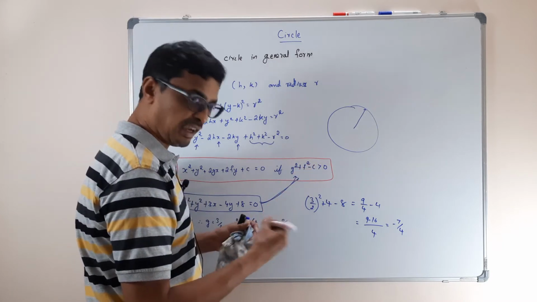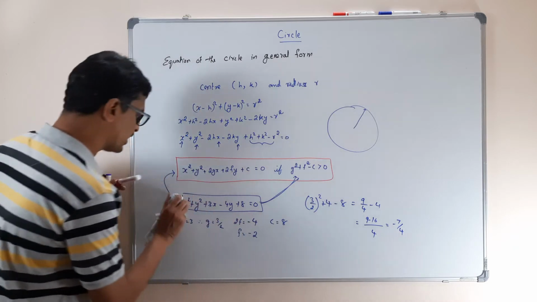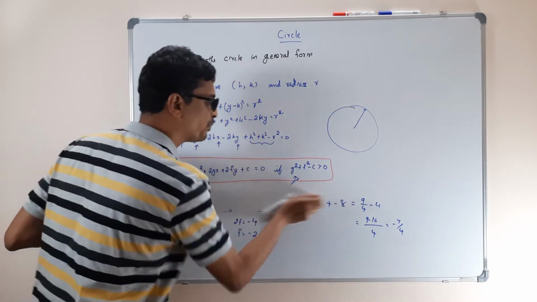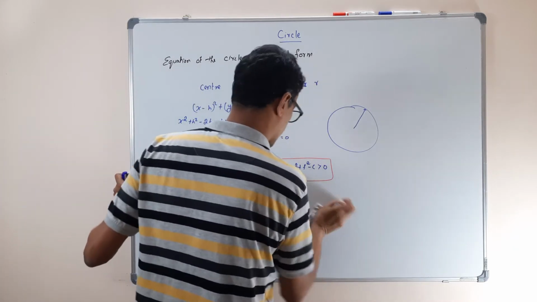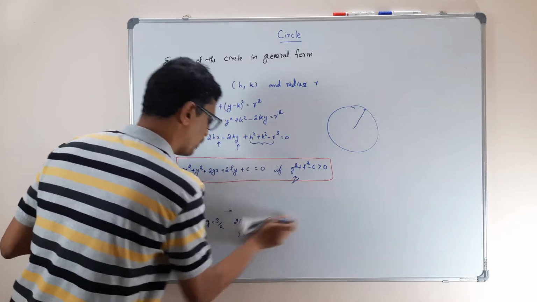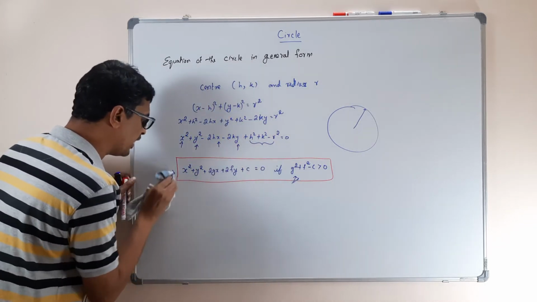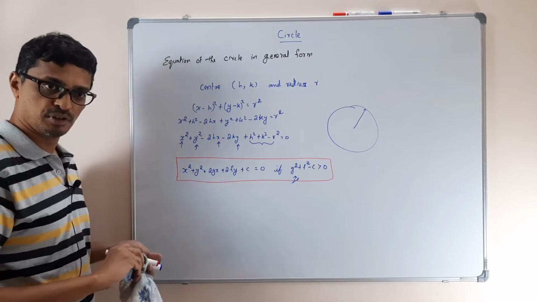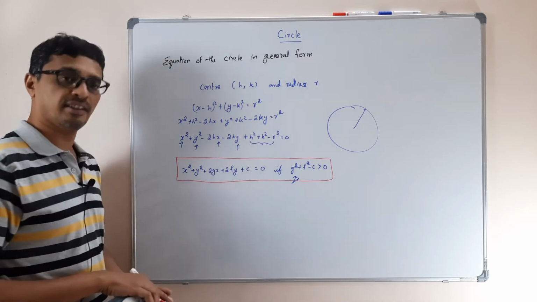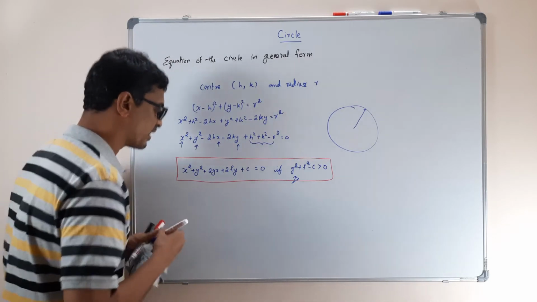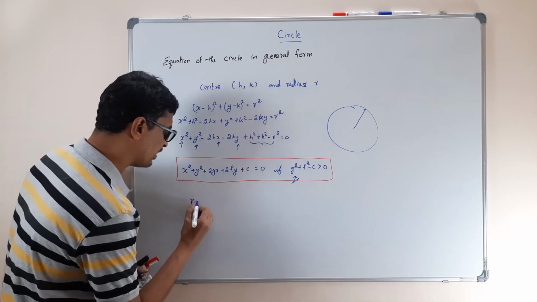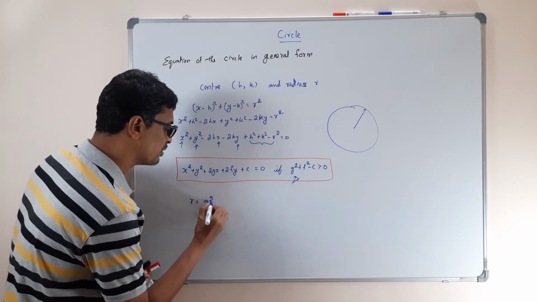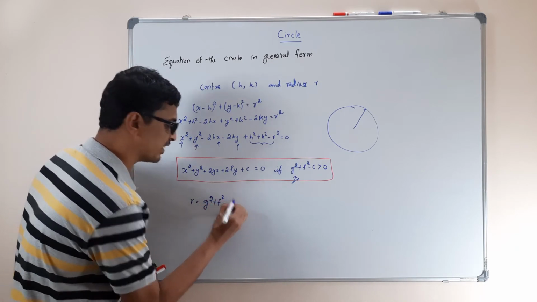It's the radius squared. So given a circle, if I give any equation of this type, what you do is find out the radius. The radius is r. What is the radius? r square equal to g square plus f square minus c.